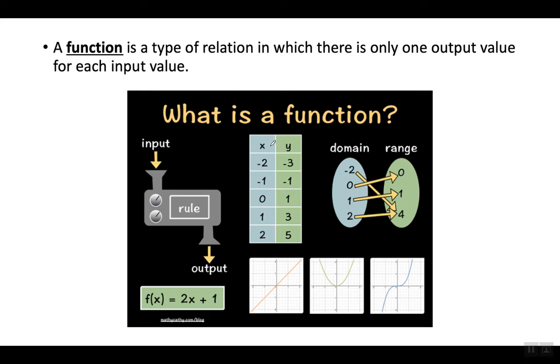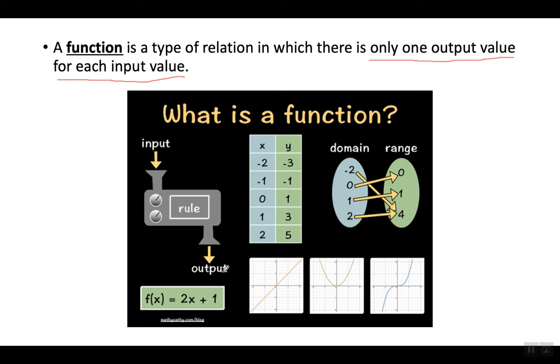Now, in order for a relation to be a function, here's the important part. There can only be one output value for each input value. What I mean is this. When you input a number into the function, let's use the same example, x equals 5, I cannot get two different answers.